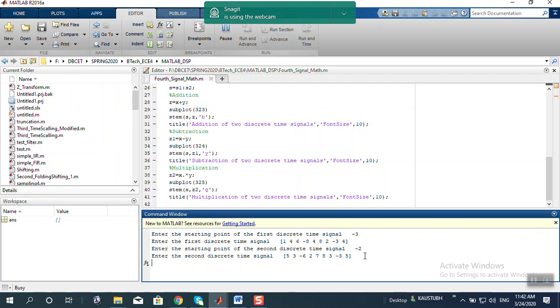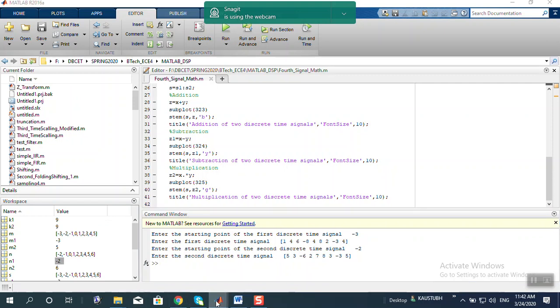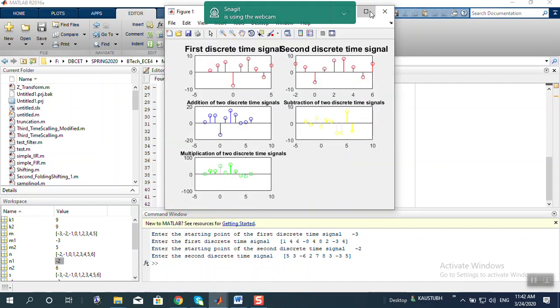Okay, this is the second signal. So that's all. You can see the result being plotted here.